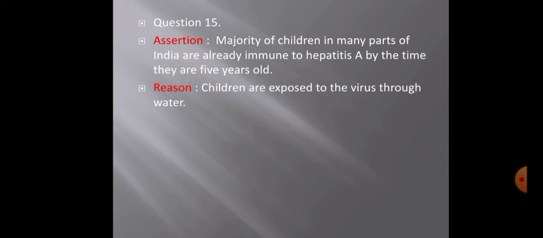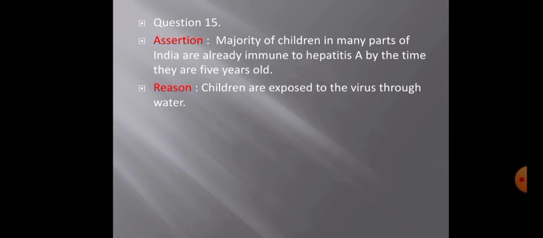That's why the government has announced immunization, that is vaccination, for kids below 10 years. So by the time they are 5 years old, the children will get 2 doses of hepatitis vaccine. So yes, most of the children of our country will get immune against hepatitis A by the time they are 5 years old. So the assertion is absolutely correct.